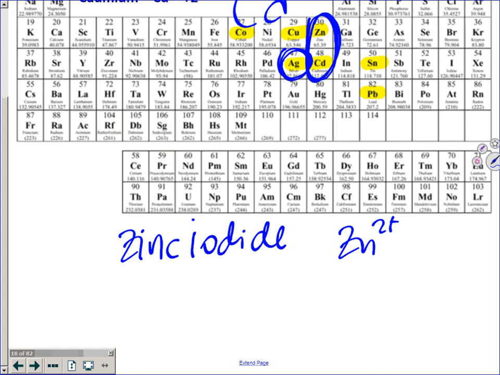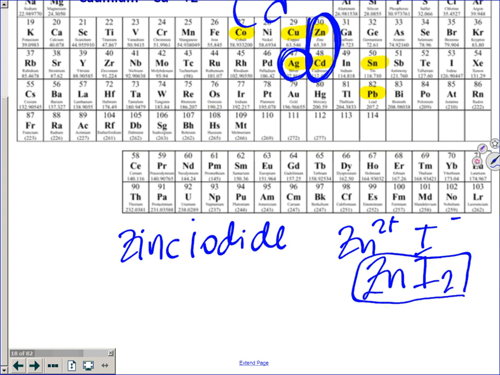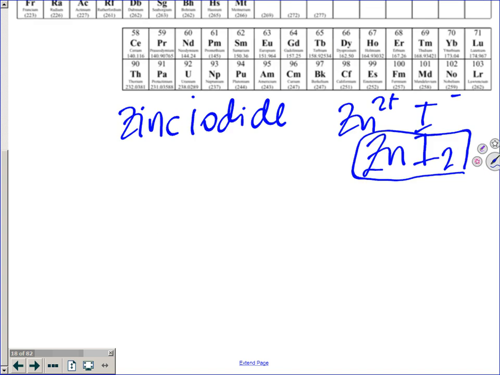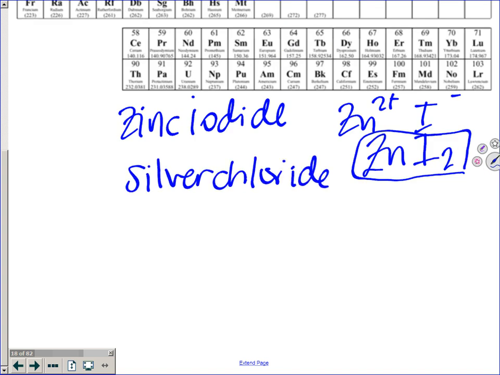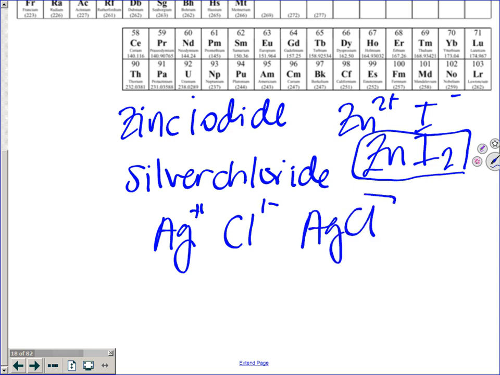What's the charge of iodide? -1. What's the formula? ZnI2. So that's zinc iodide. If I say silver chloride, what's the formula? What's the charge? -1. Okay. And Cl, -1, crisscross, what do you get? AgCl. Just do not write Roman numerals for silver, zinc, or cadmium. The other ones you have to write Roman numerals for.